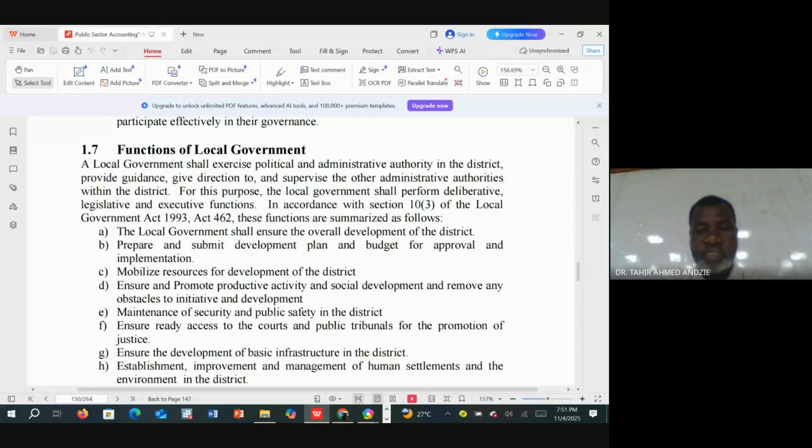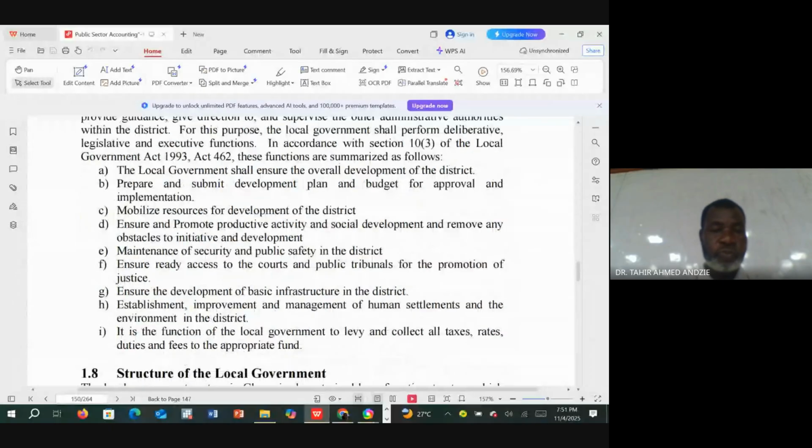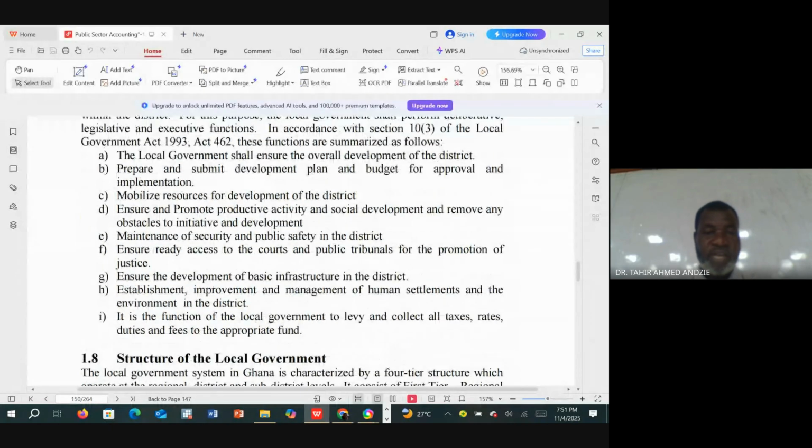In accordance with Section 10, subsection 3 of the Local Government Act 2016, Act 936, these functions are summarized as follows. So a lot of them here. Local government shall ensure the overall development of the district. Of course, what will you do as a district chief executive and the district assembly members who form the district assembly?